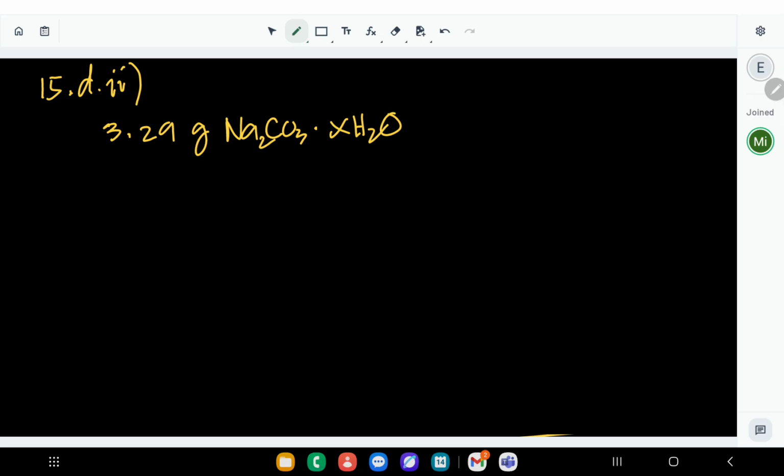Use this mass and your answer in DI to determine the value of X. Give your answer to the appropriate number of significant figures. So we're given the mass of sodium carbonate and the volume of the solution, which is 250 cubic centimeters.